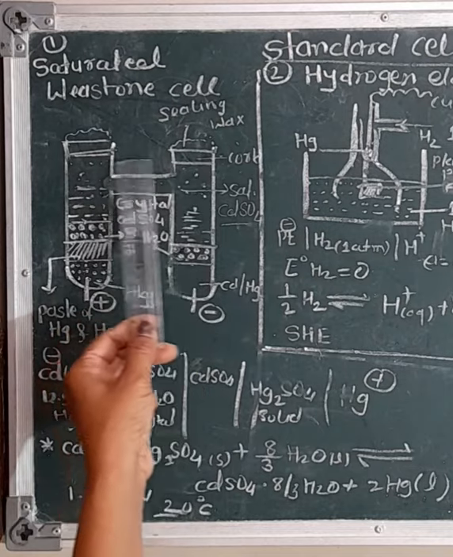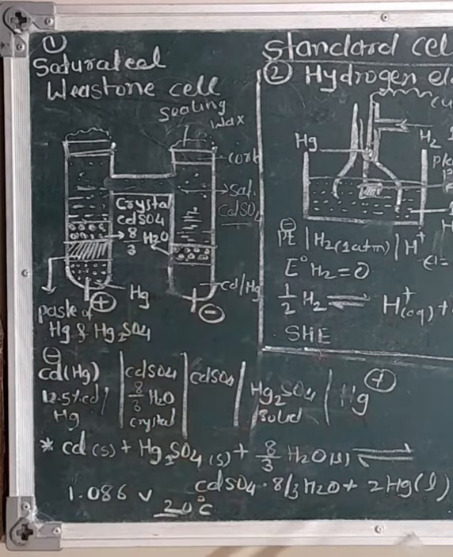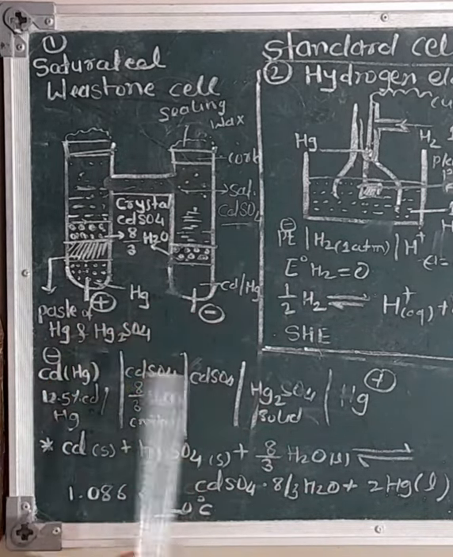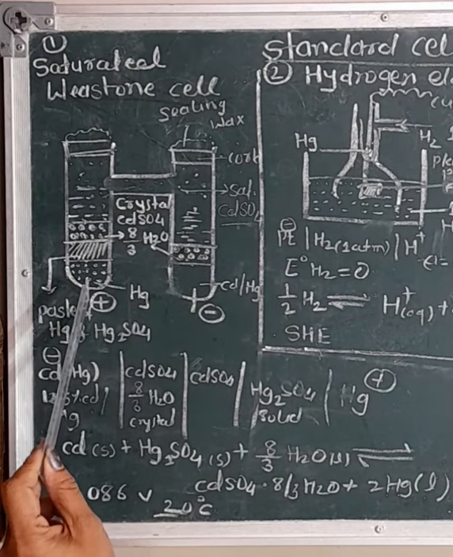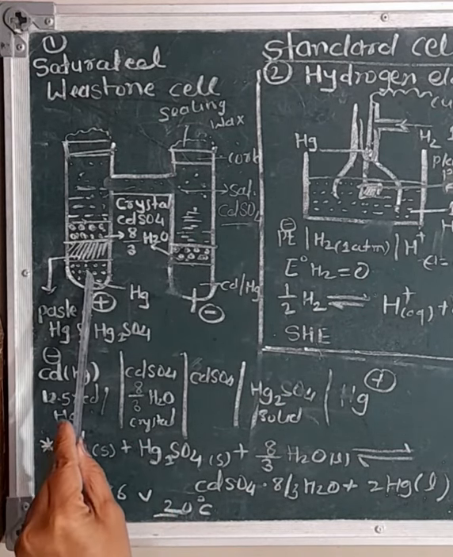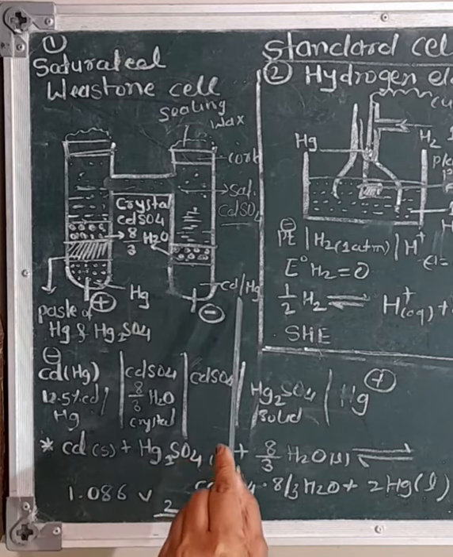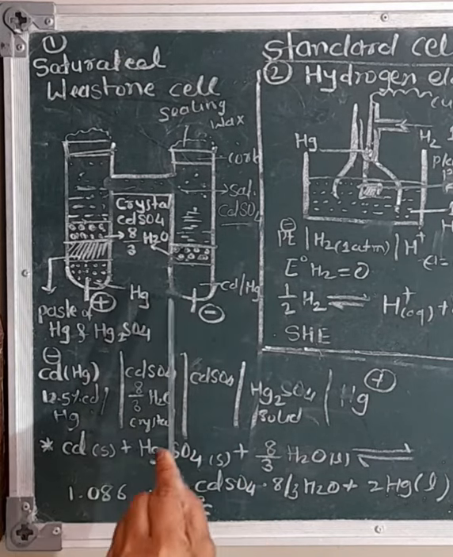The top of the glass rod is sealed with wax. Here is the cork, and here is the wire. Here is the mercury wire, and here is the cadmium and mercury wire.